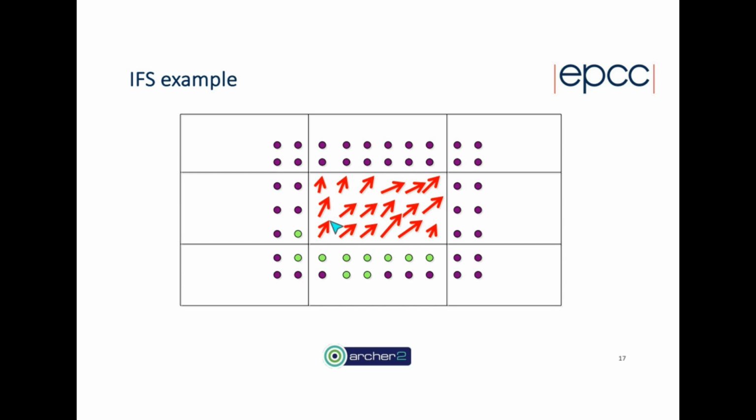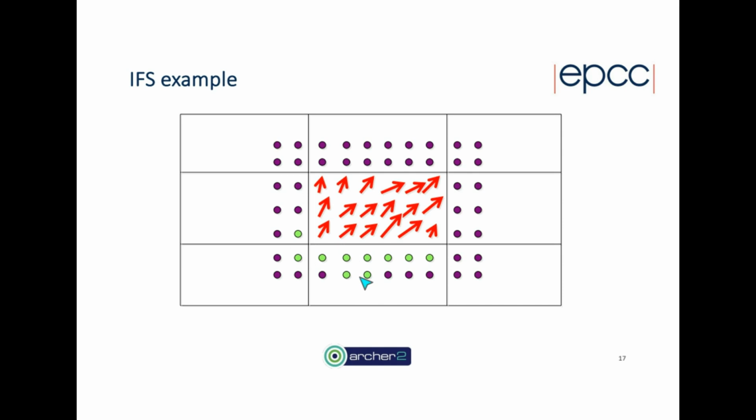The semi-Lagrangian advection scheme might only, if you work out what the actual data dependencies are, which data do I actually need, it may turn out that the green grid points here are the ones where I actually need data from to calculate the values for the next time step.